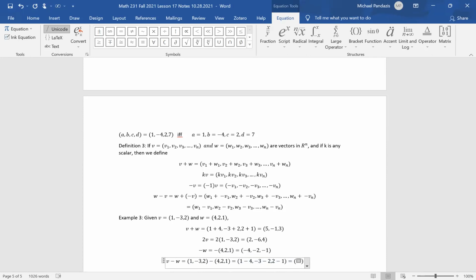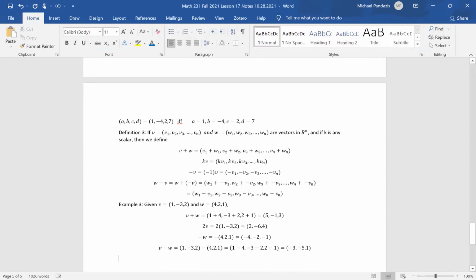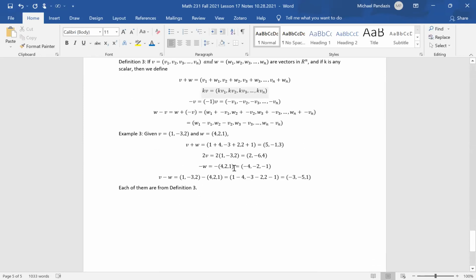And so that's equal to negative 3, comma, negative 5, comma, 1. Okay, so you have all 4. And so all 4 of them are from definition 3.